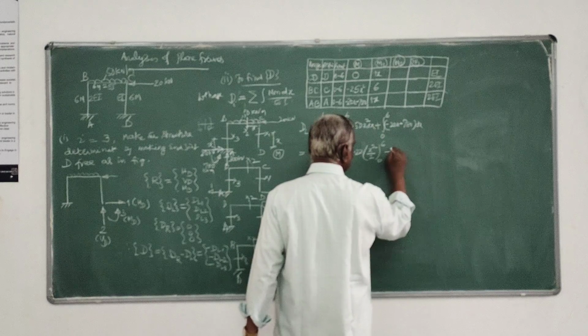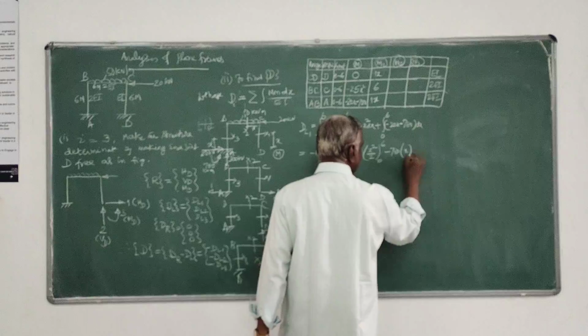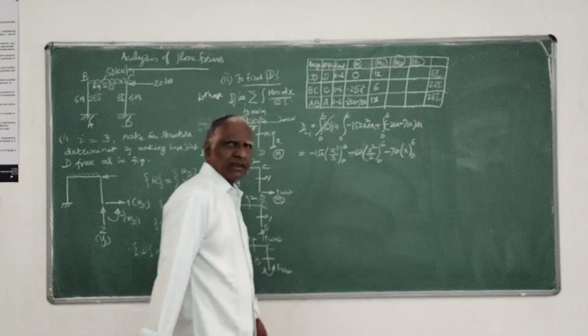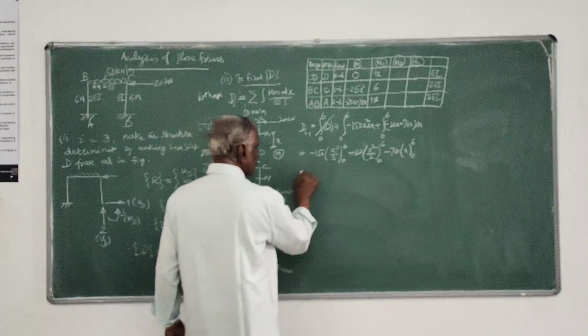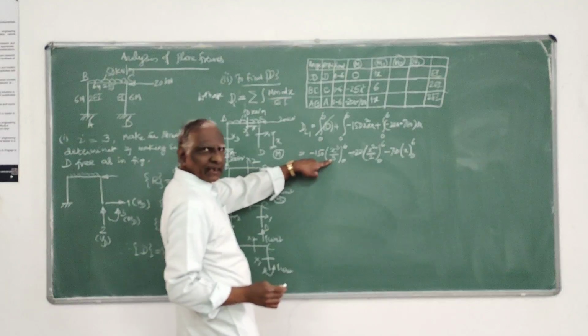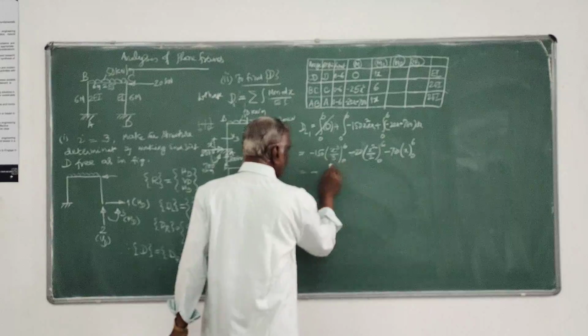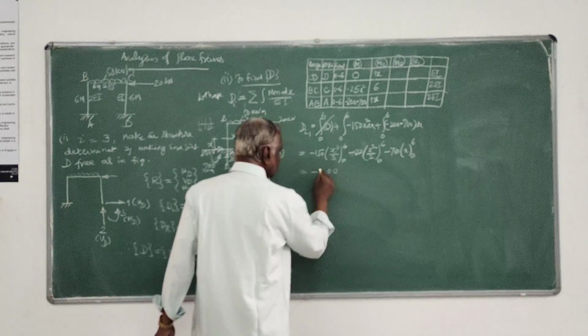Then this is minus 780, integral of dx is x, limits 6 to 0. You substitute this. This is 6 cubed, 216, divided by 3, 72. 72 into minus 150, 10,800.